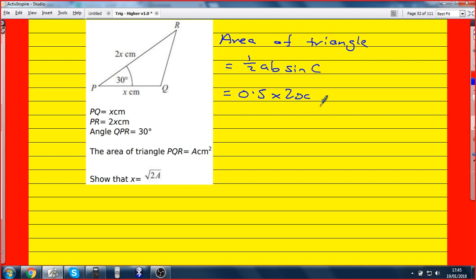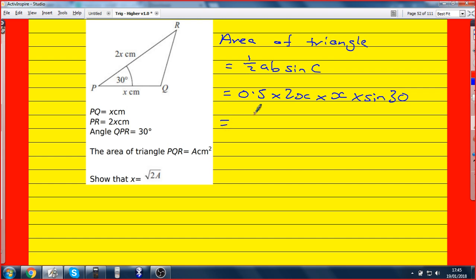Then times 1x. And then it's sine. It has to be sine of something. Sine 30. Yeah.